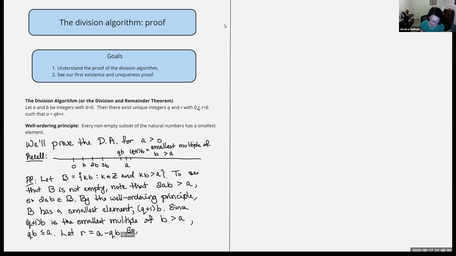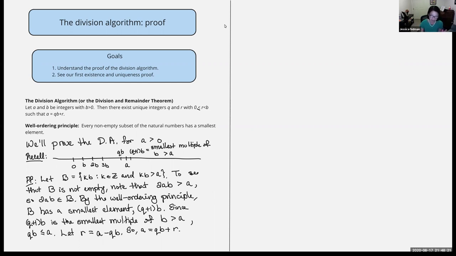And if I've done that, then if I rearrange that equation, I can see that A is equal to QB plus R. So that's what I wanted, right? I wanted to find a Q and an R such that A was equal to QB plus R.